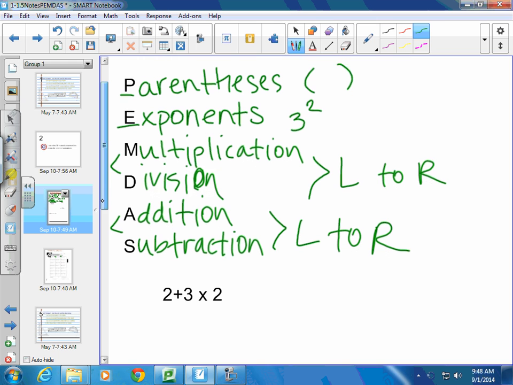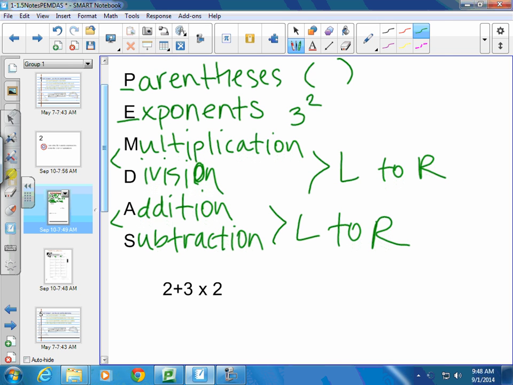Okay, so let's solve an expression together. So we have 2 plus 3 times 2. And I look and I don't see any parentheses. I don't see any exponents. I do see multiplication right here. So what I'm going to do is I'm going to go left to right, and I'm going to bring down everything that I'm not going to solve right away.